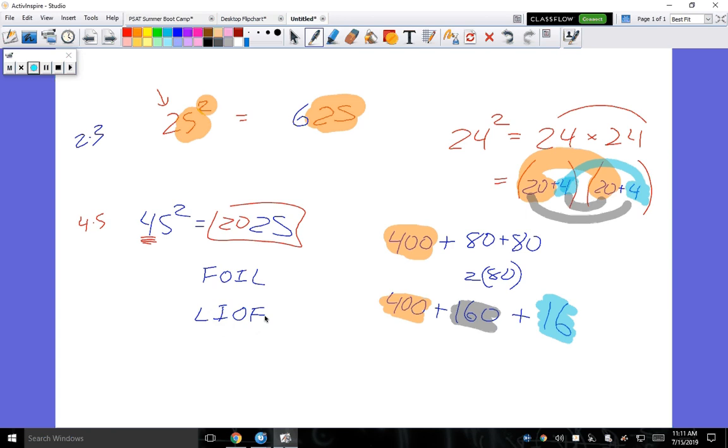Watch. Here we go. 24 squared, we're going to do 4 squared. What is that? 16. Carry the 1. Next, we're going to do the first times the second number, which is what? 8. Times 2, because there's 2 of them on the outside and inside, right here and here.